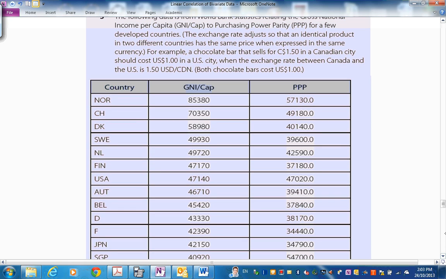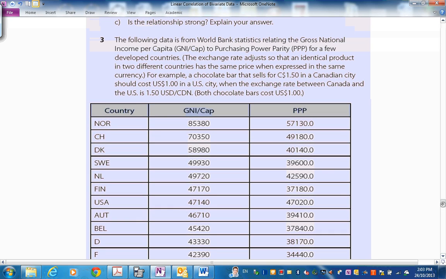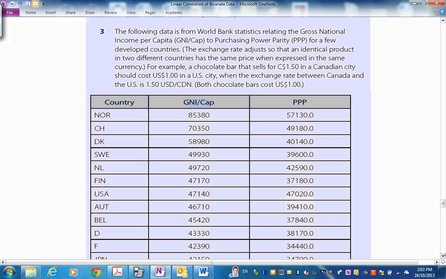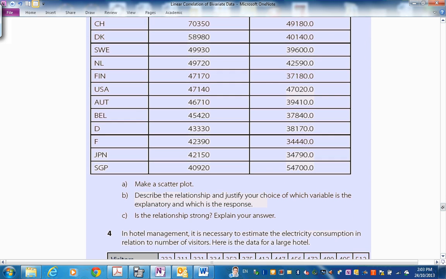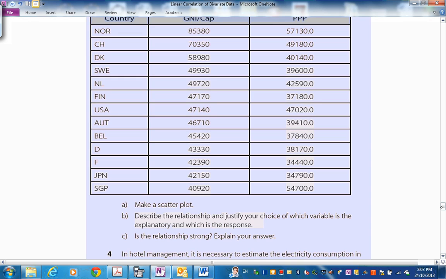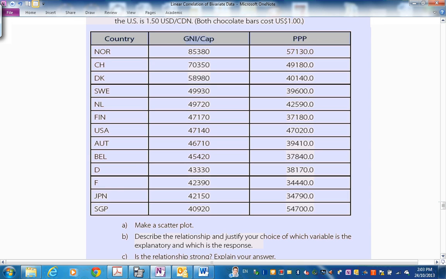So we'll just drag this up a bit. So read the question, and then I'll scroll it down so you can get the whole set of data, because you're going to need that for a scatter plot. Okay, so there are the questions, make a scatter plot, etc.